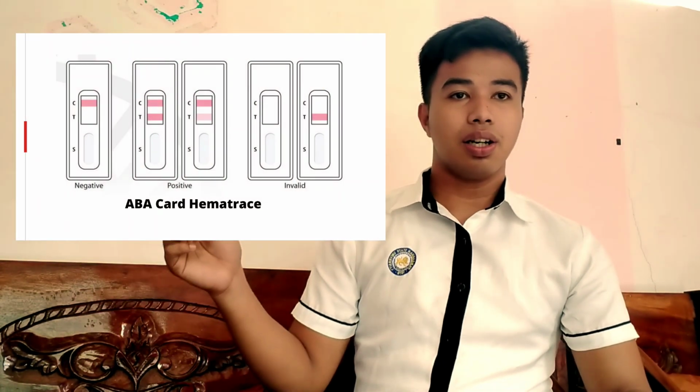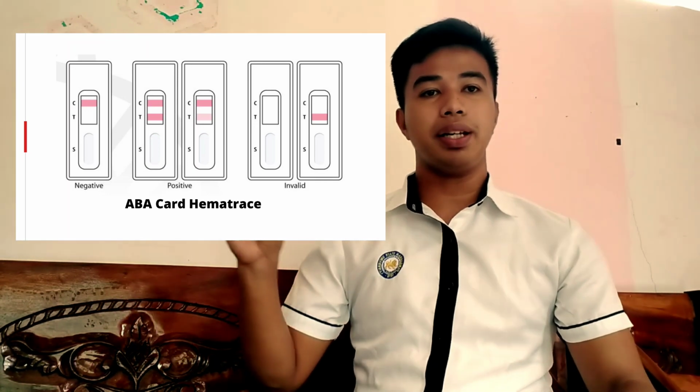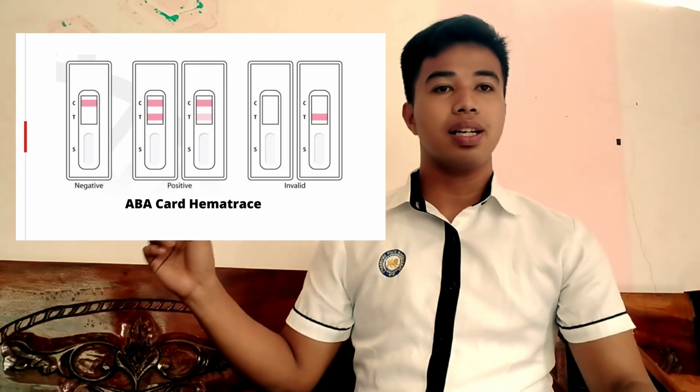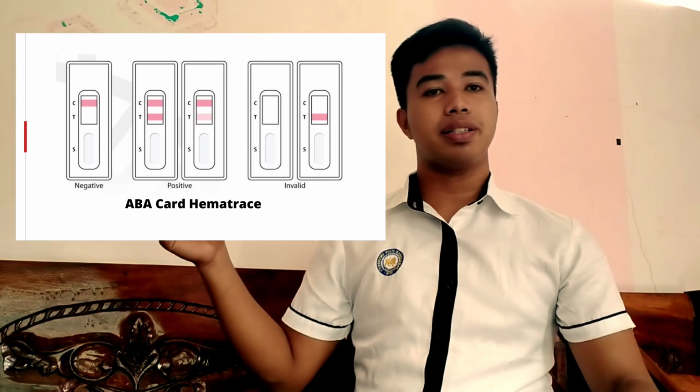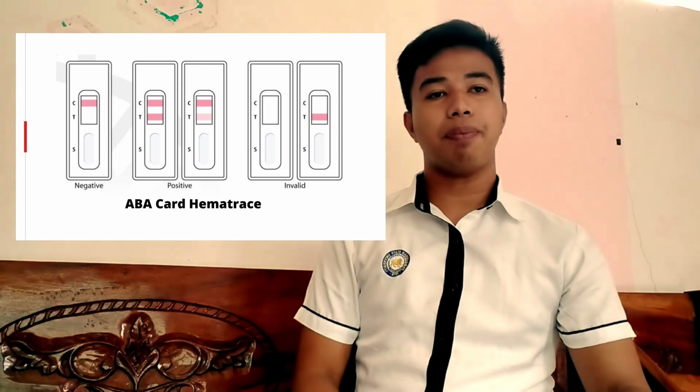If human hemoglobin is present in the sample, its antigens will react with the mobile monoclonal anti-human antibodies in the area marked. So this is the test of ABAcard HemaTrace. As you can see the difference of the negative, positive, and invalid test. This is the negative, then the positive and invalid.